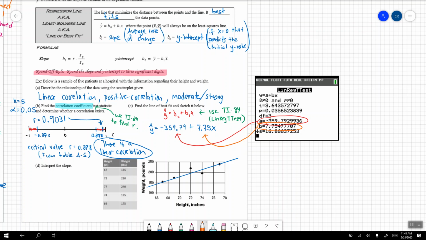All right, so make sure you're extracting the linear equations correctly from the specific calculator screenshot that you're observing. All right, now this also says to sketch it below, and we actually already sketched it here. Now, some of you might actually be saying, well, hey, Mr. Castro, there's something wrong with this, and the reason why it kind of looks wrong is because this y-intercept should cross this vertical line, or my y-axis, at the point -359.79 for the y value, and the x is 0.